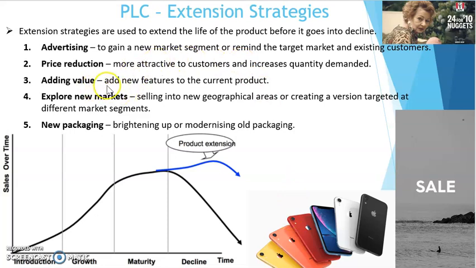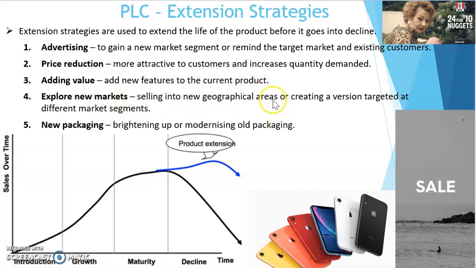Adding new features to products or updating them in a way that makes them attractive to the changed and current needs and wants of consumers absolutely looks to extend the life cycle of products.